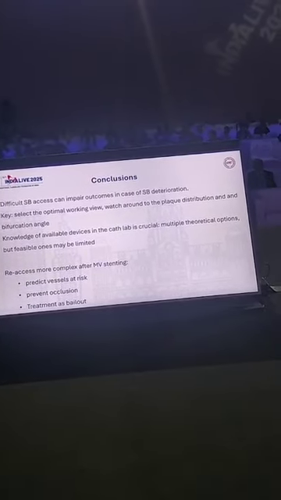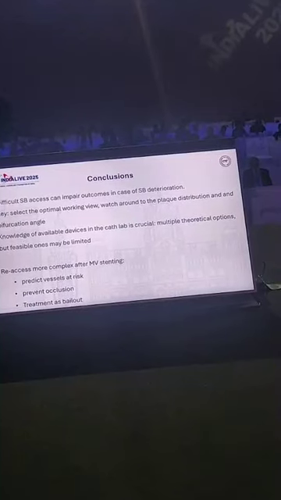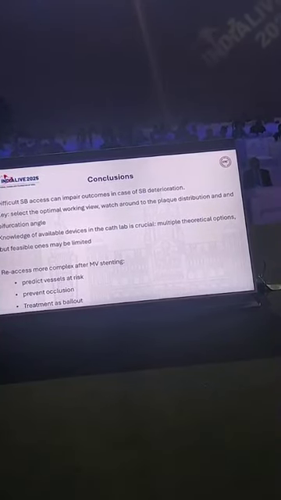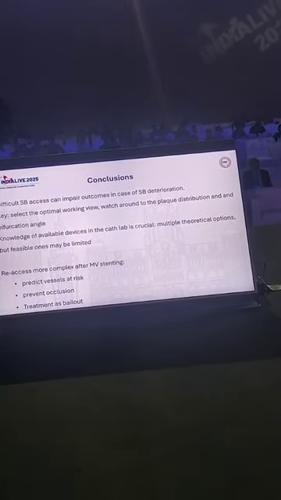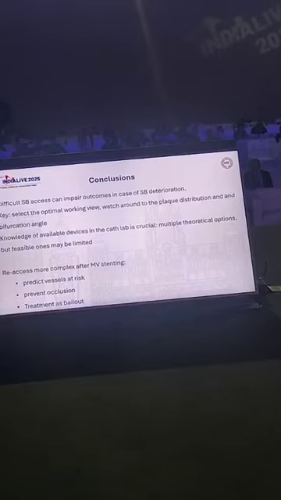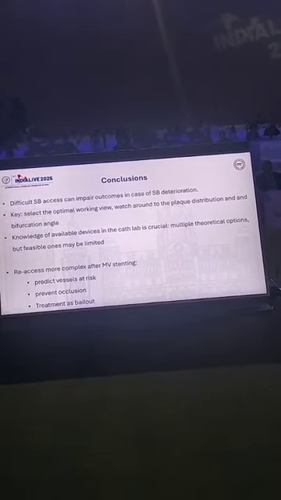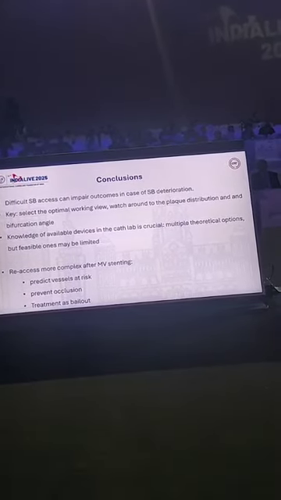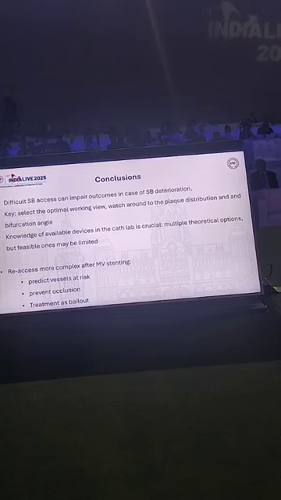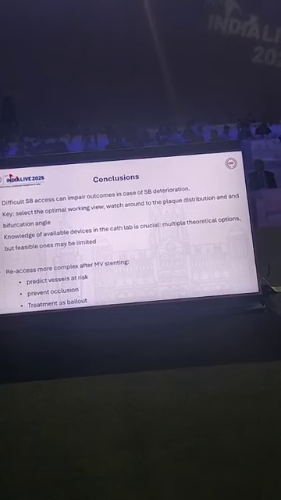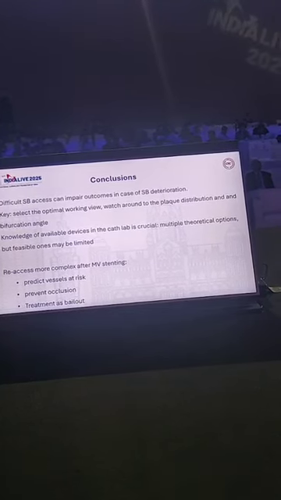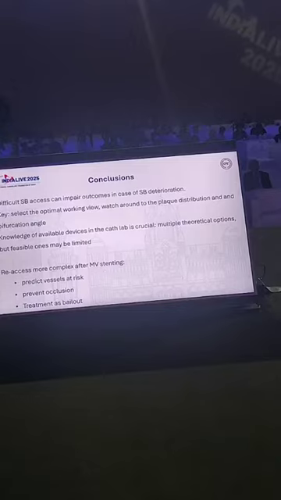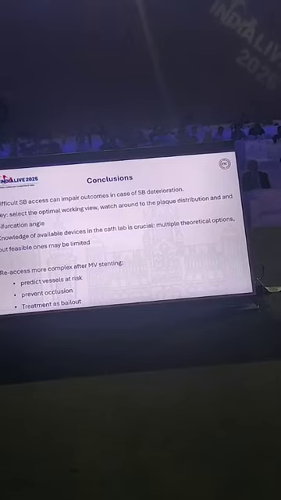Knowledge of what is available in terms of device and technique is crucial, and at the end, re-access. We need to try to predict the vessel at risk, watching the anatomy to prevent the occlusion and eventually to be ready for the treatment.